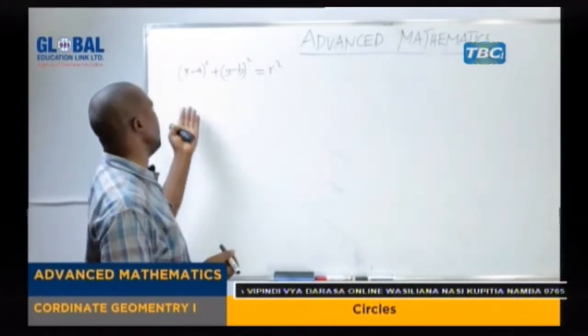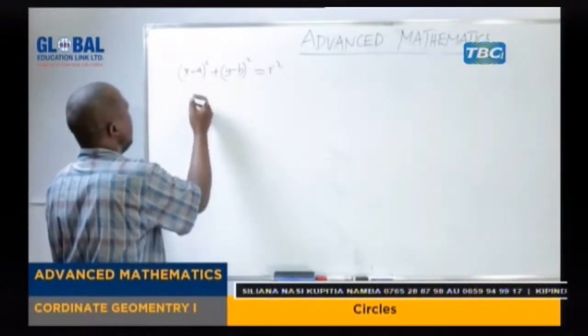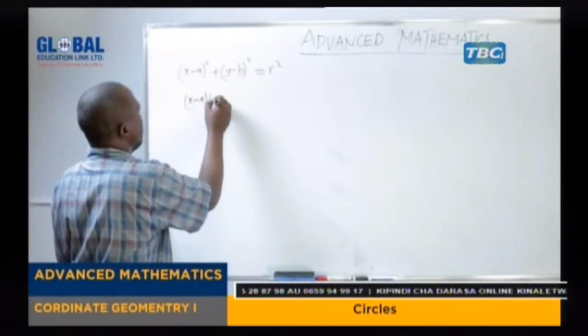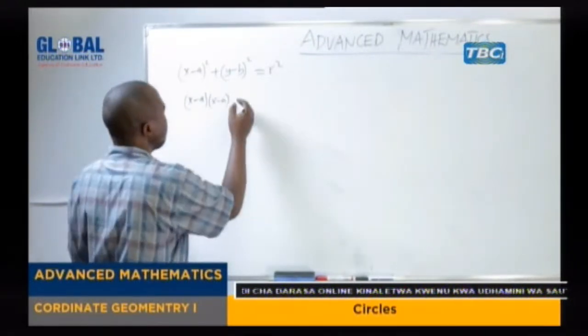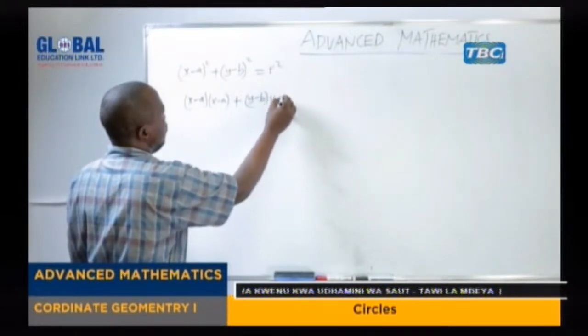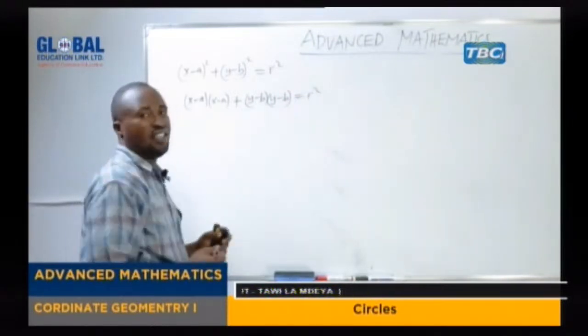Now let us expand what is on our left hand side. Starting with the x minus a, that is (x minus a) times (x minus a), then followed by (y minus b), that is (y minus b) times (y minus b), because they are squared.